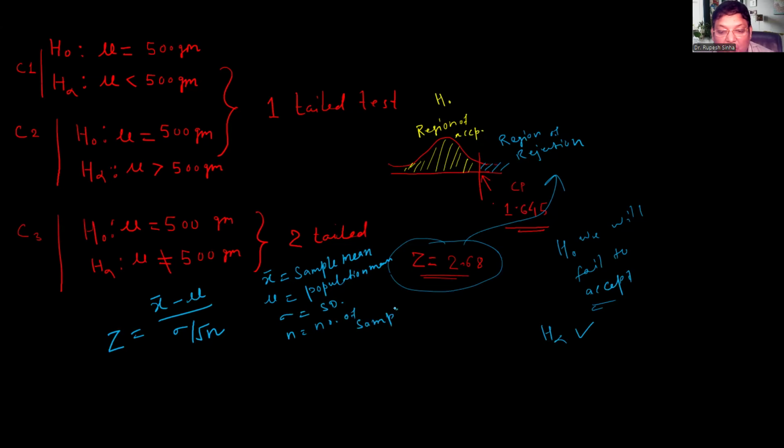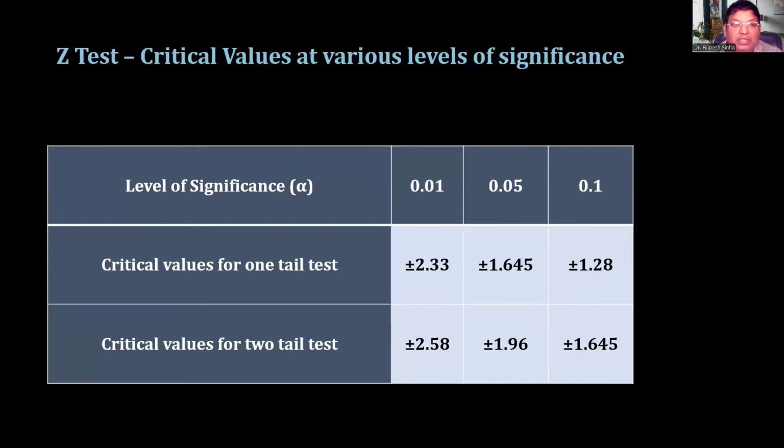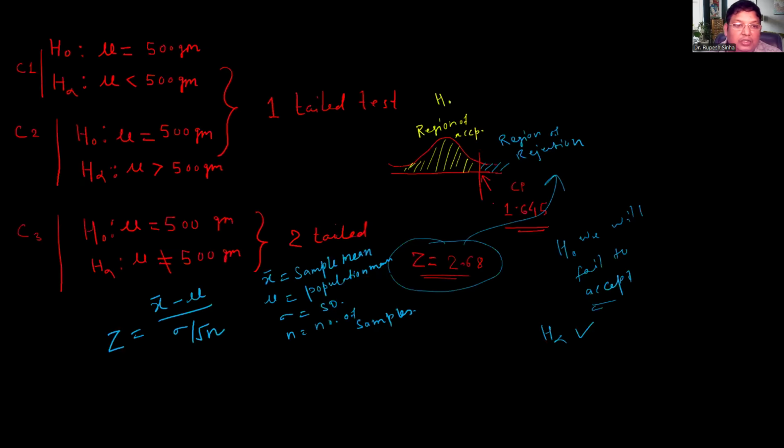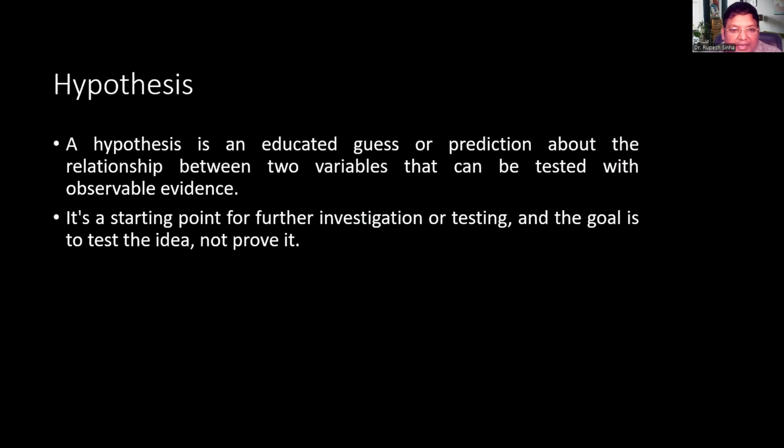So if we put all these things in the formula, calculate z value, find the critical point, we are going to get answer, and then we are going to write our interpretation. So this is the process to go for hypothesis testing. So let us see what is the process of hypothesis testing.